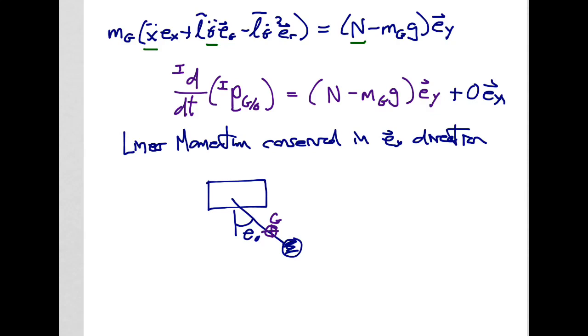So EX dotted with the velocity of G with respect to O in the inertial reference frame is going to be 0 for the entire time that this system moves.